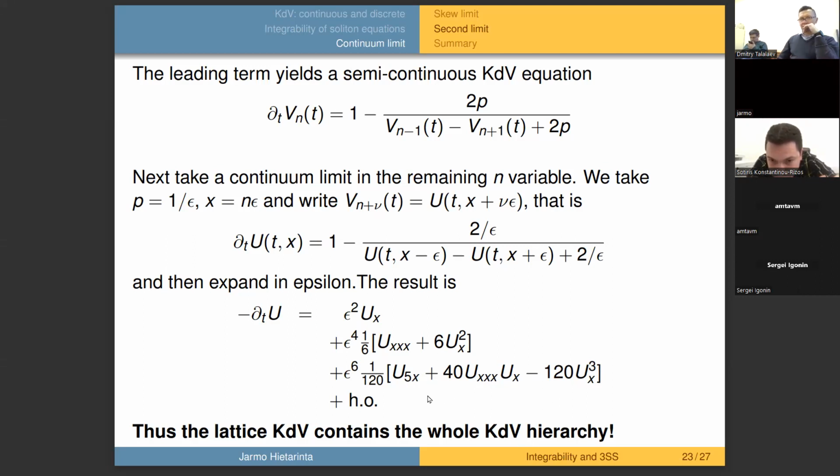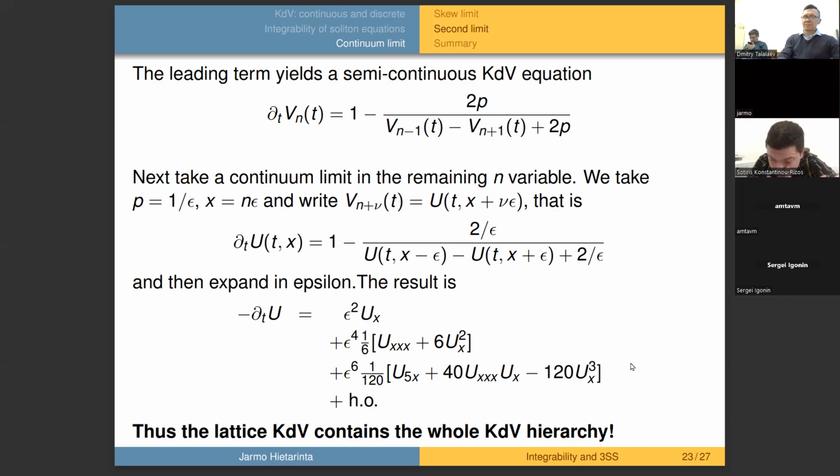Okay. But I believe this is a fifth order KdV, Lax KdV or something. But I'm sure there's an expert in the audience who can tell also. This has to be checked.